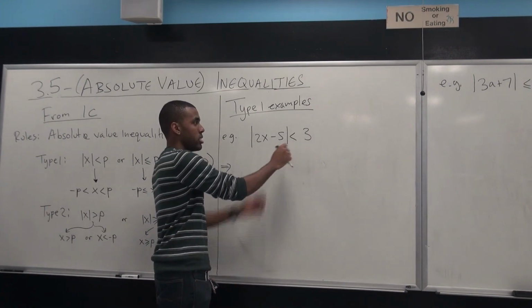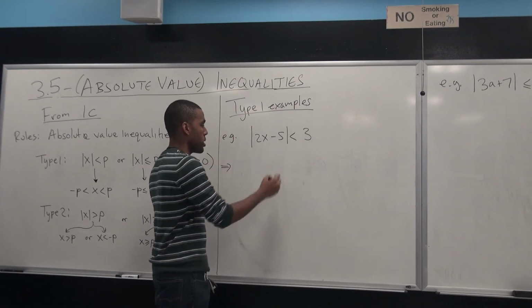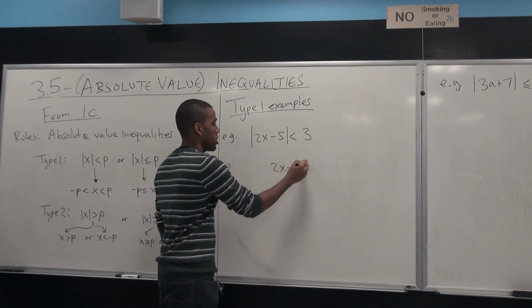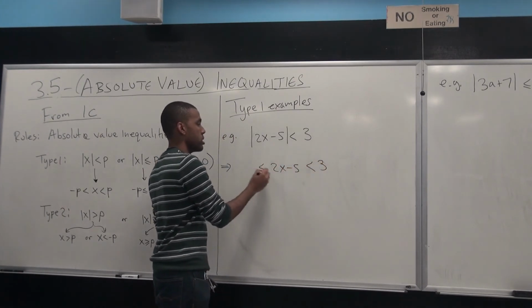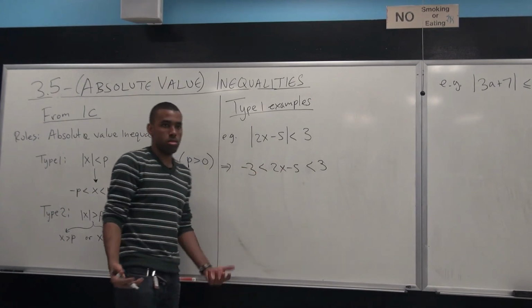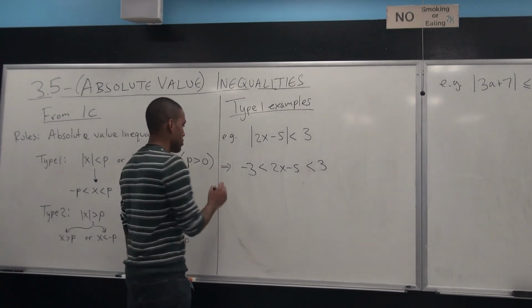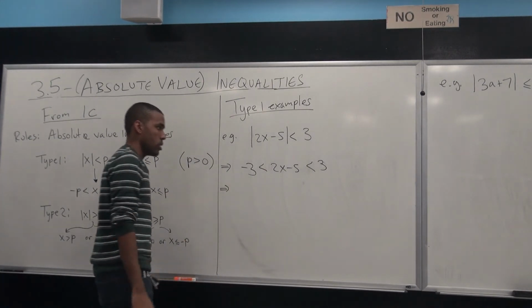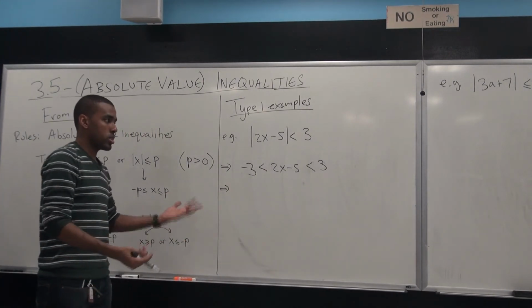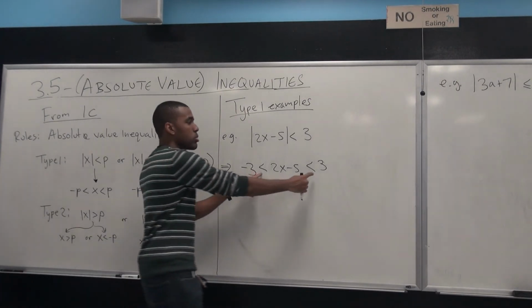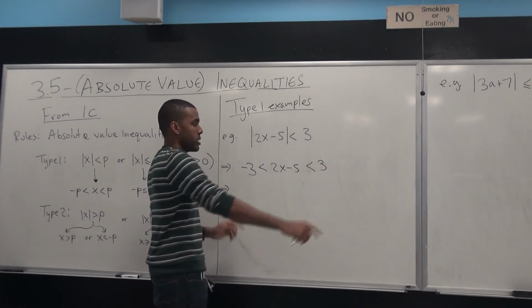So, if you're given this, what do you do? Once it's less than, you can break this into one big inequality with the number up here and its negative down there. That'll always be true. And now what happens is you solve it just like you would pretend these are two equal signs, but you're doing things on all sides at the same time.